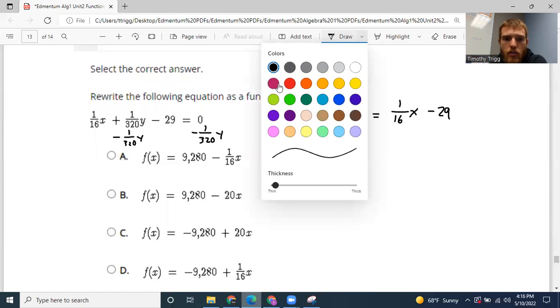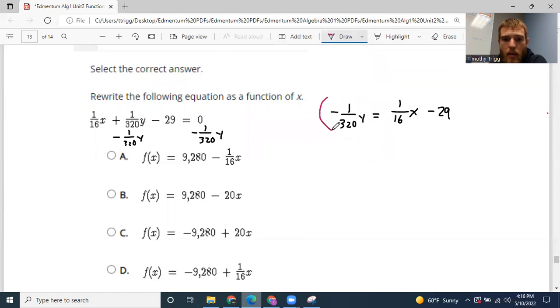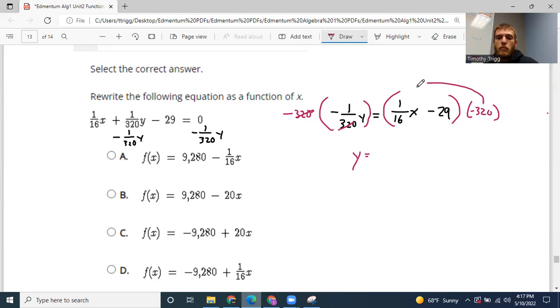Well, you want to multiply this by negative 320. I'm multiplying by a negative because a negative times negative makes positive, and I want a positive y over here. And these 320s cancel. But if I multiply this side by negative 320, you have to multiply this side times negative 320. So this gets multiplied with both of these terms here.